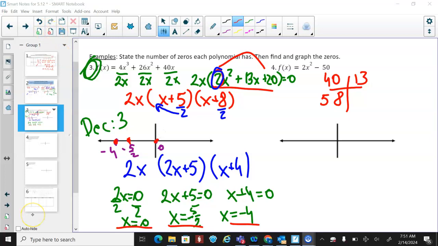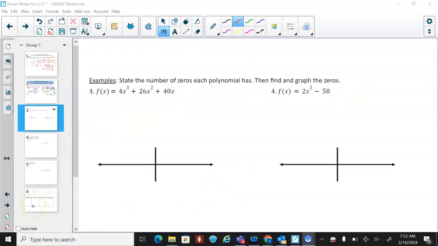Now I'm going to erase all that, so please, if you need to write it down, pause the video. All right, and for the second example, the 2x squared minus 50, we need to factor first. So again, I am going to take the 2 out. I'm going to divide this function by 2.